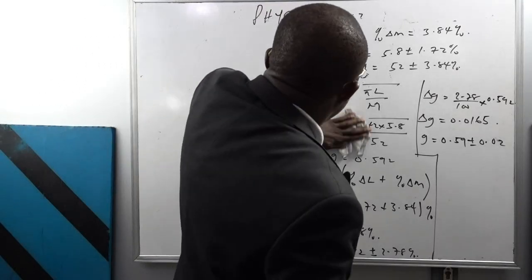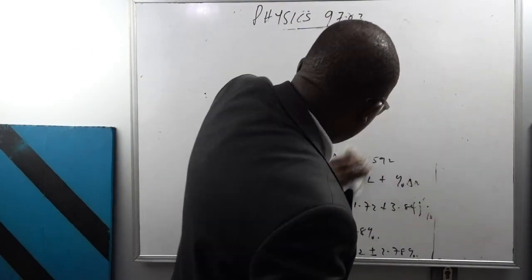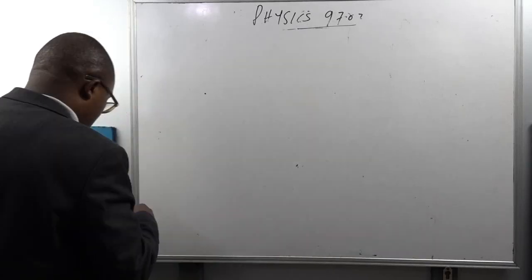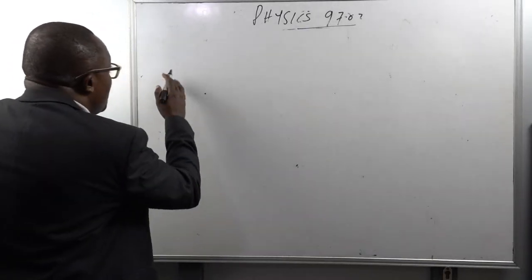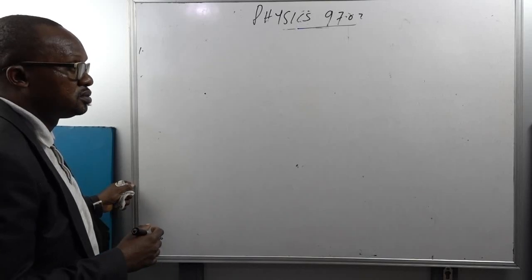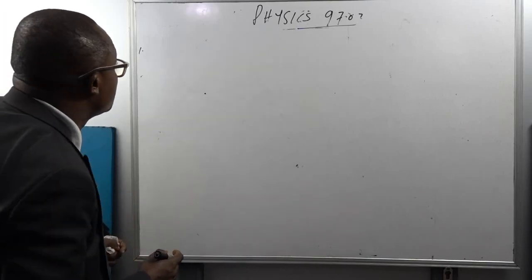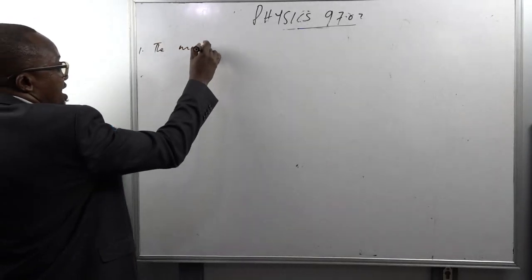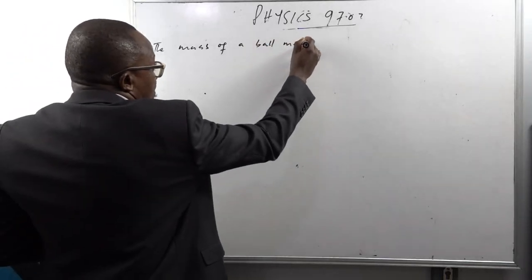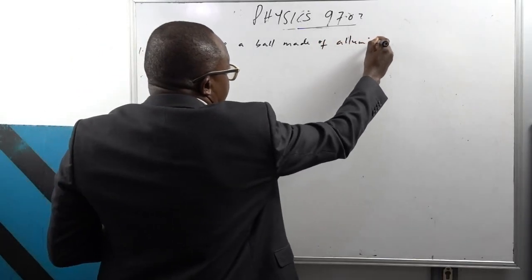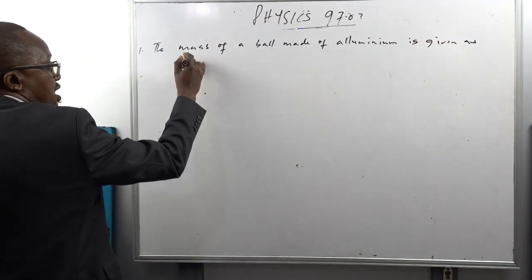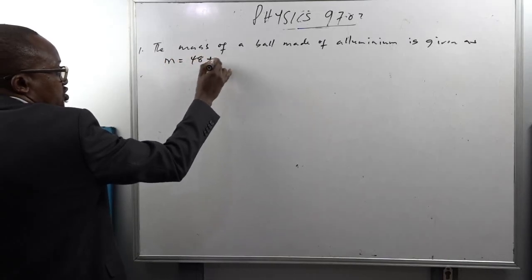Number one, the mass of a ball made of aluminum is given as M equals 48 plus or minus 2 grams.